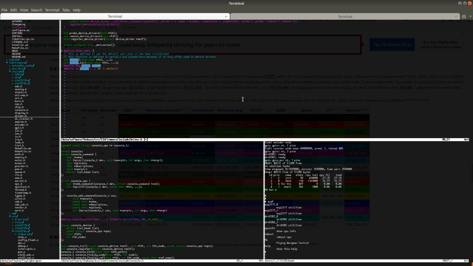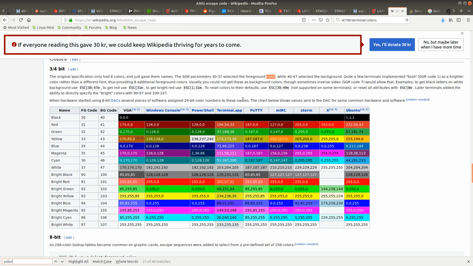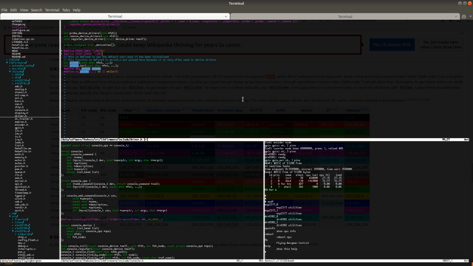I think it's 0b. 0b would be the escape character, and then I have this opening bracket, and this would be 0m. So this will just reset everything. This would be 31, I think. Yeah. 31m.